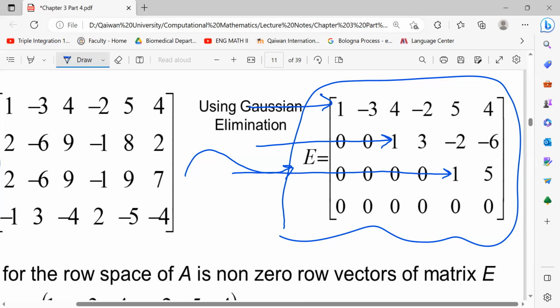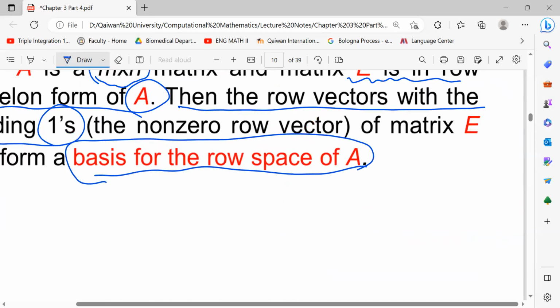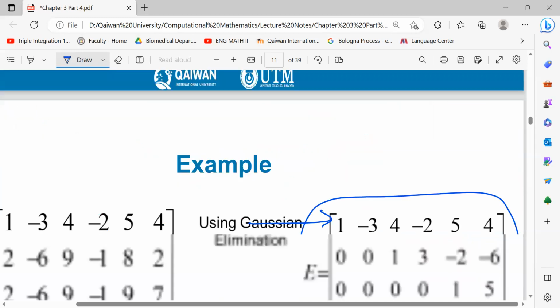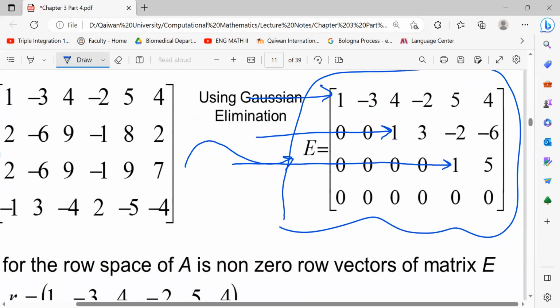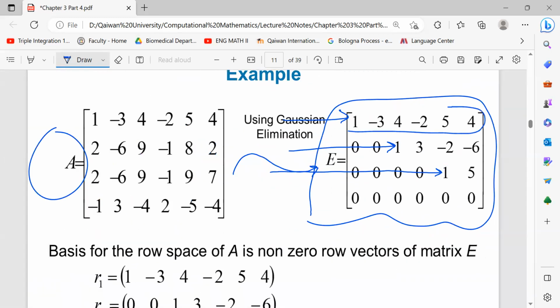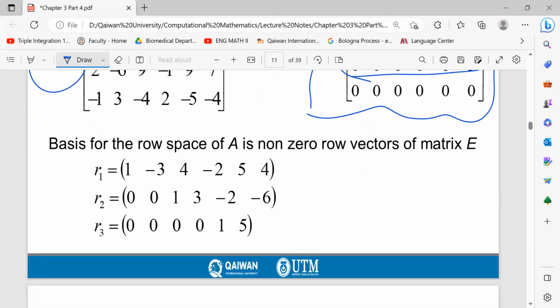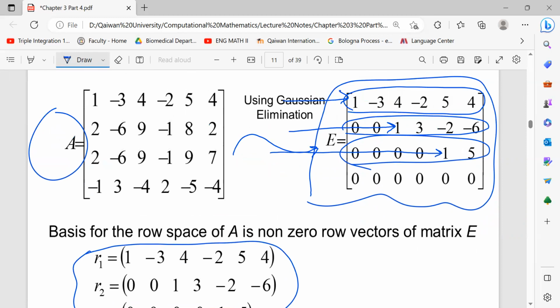Okay? So the basis for the row space of A is this row, and this row. It's these 3 rows, R1, R2, and R3. So the row space is these 3 vectors. As you see, we just took these 3.